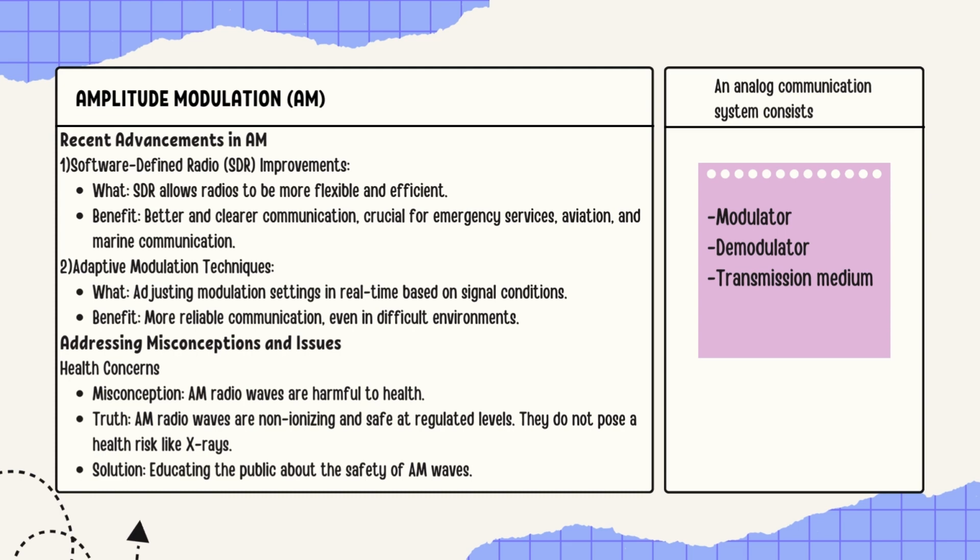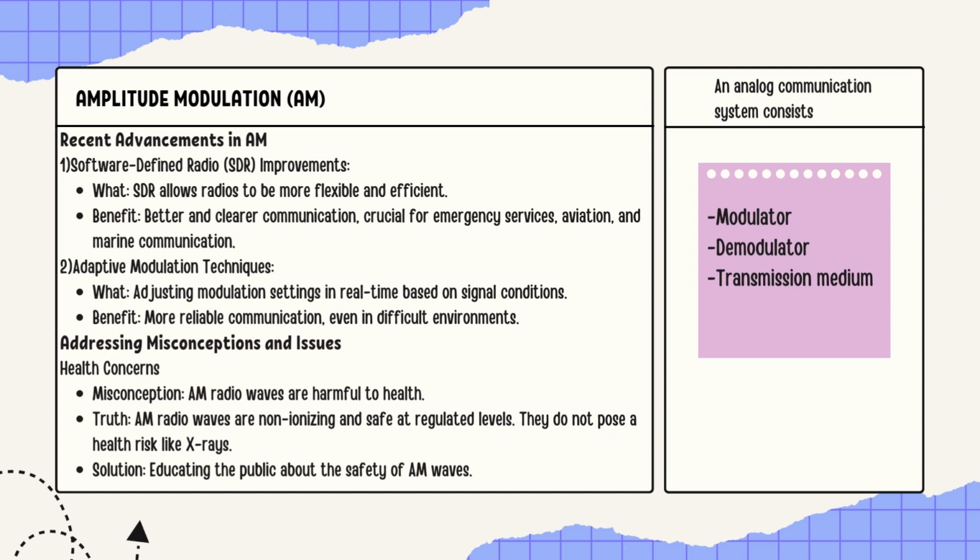So let's see addressing misconceptions and issues. The health concern: the misconception is that amplitude modulation radio waves are harmful to health. The truth is amplitude modulation radio waves are non-ionizing and safe at regulated levels.